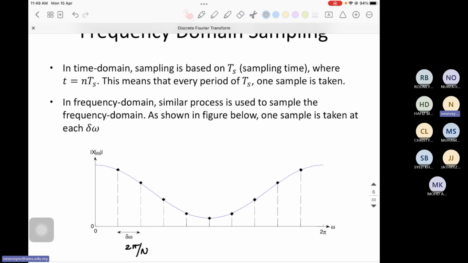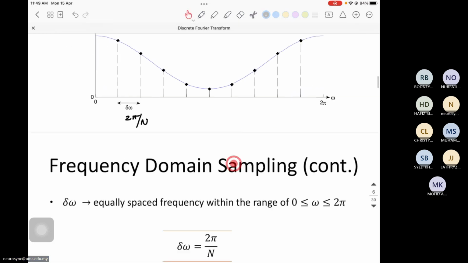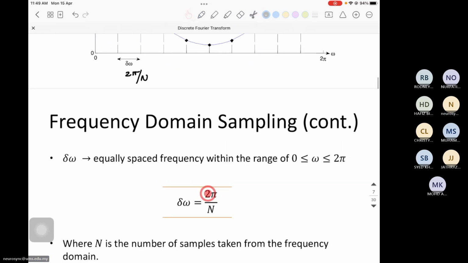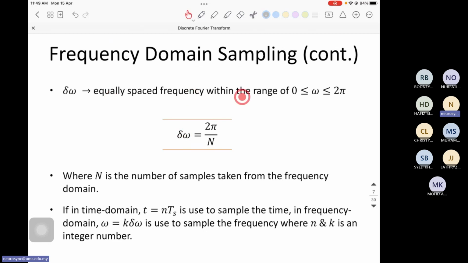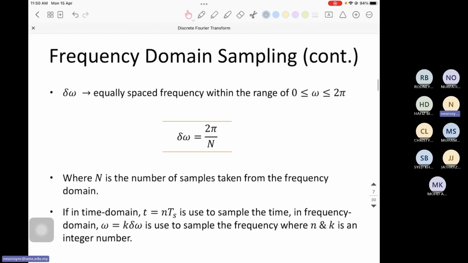Now in the frequency domain also we have a similar process. One sample we take at each delta omega interval, and this delta omega is nothing but 2 pi by capital N. This delta omega is equally spaced frequency within the range 0 to 2 pi.